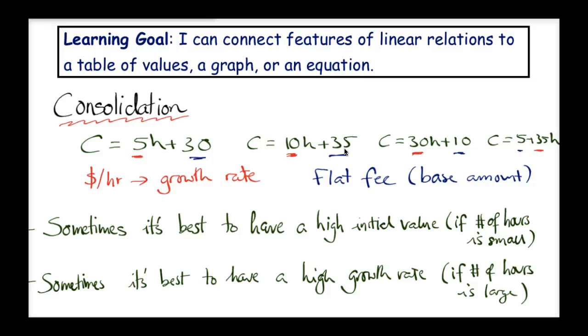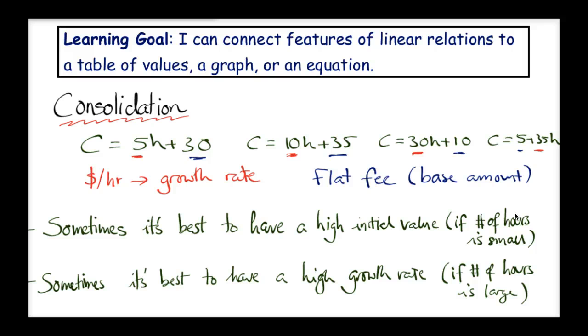But once you're working for a few hours, this flat fee doesn't really amount to much, and then you really want the one with the highest hourly rate or the highest growth rate. So it was this equation over here, $35 per hour. So in summary, sometimes it's best to have a high initial value if the number of hours is small.